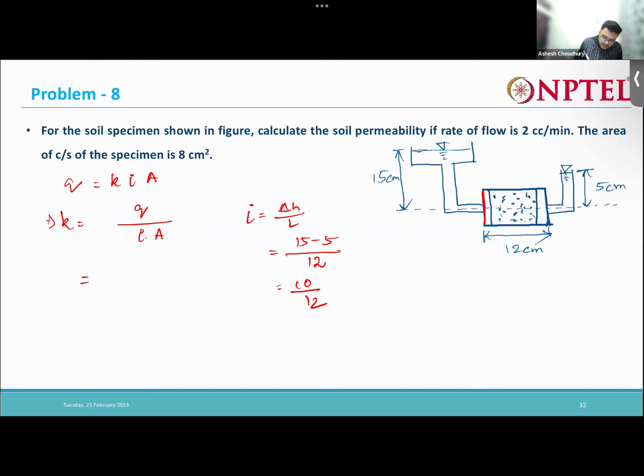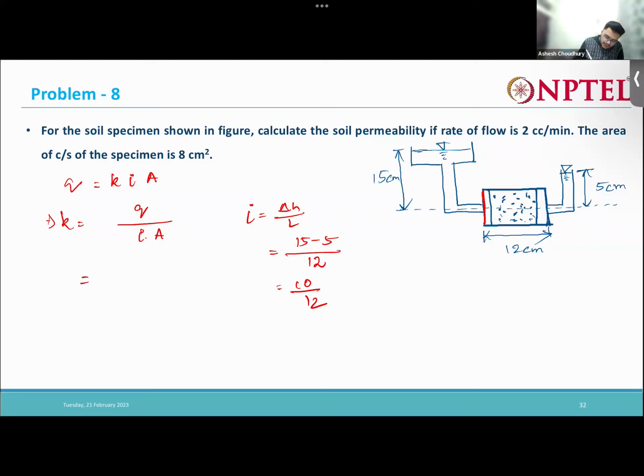So 450 ml in 10 minutes is nothing but 0.75 centimeter cube per second.